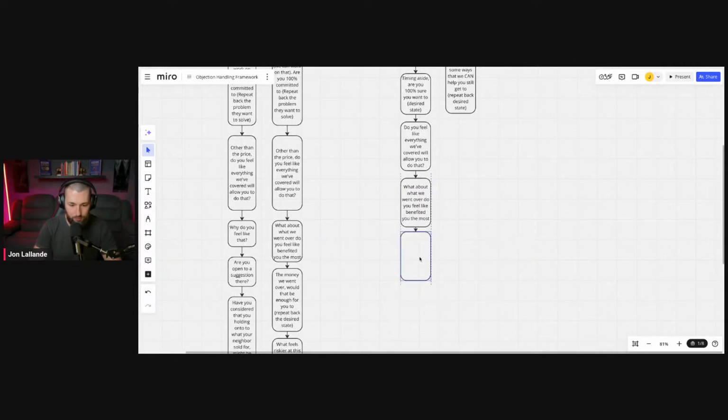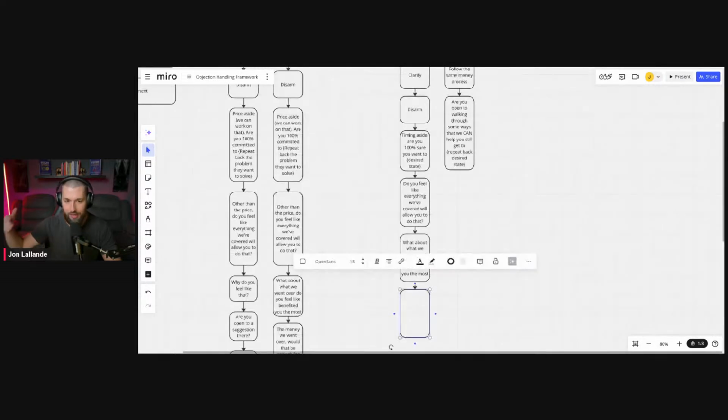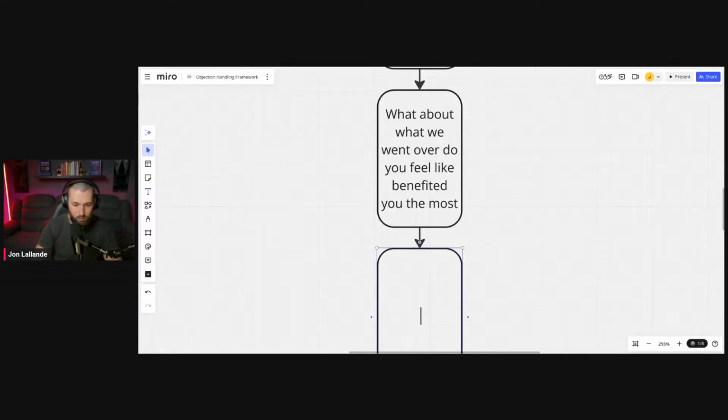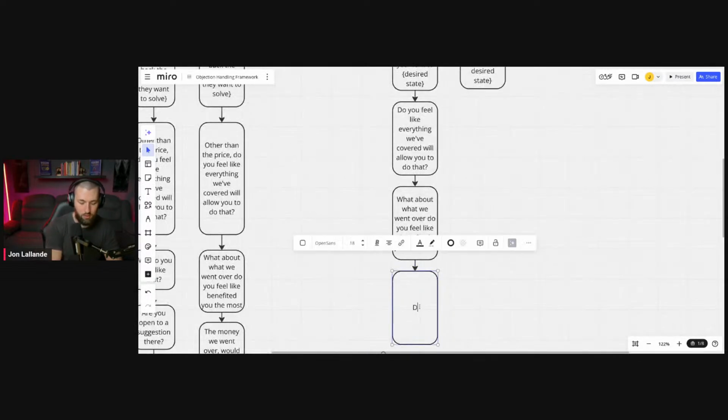Now what we're going to ask depends a lot on what the timing means, right? If the timing is I need to bring my dog to the vet, that's going to be a different objection than I need to wait 3 months because I need to go solve X, Y, and Z problem. If it's the latter, what we're going to ask is this simple question.